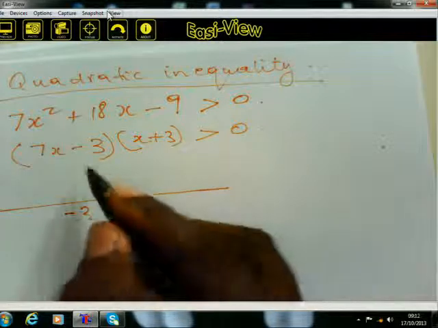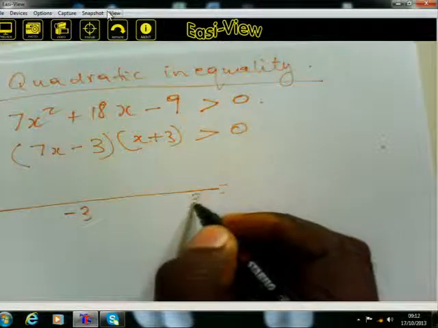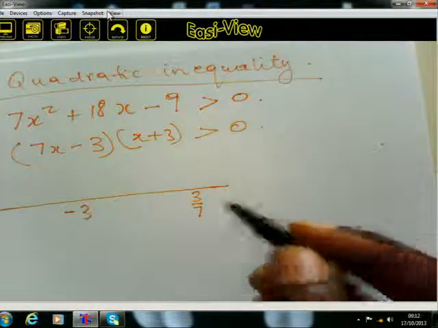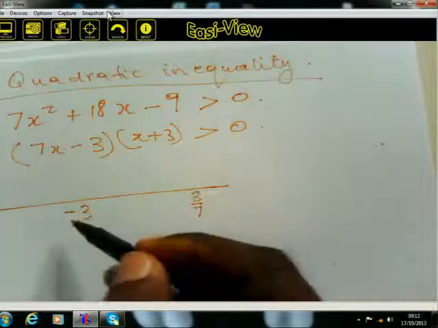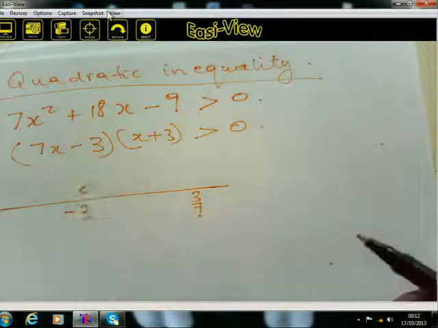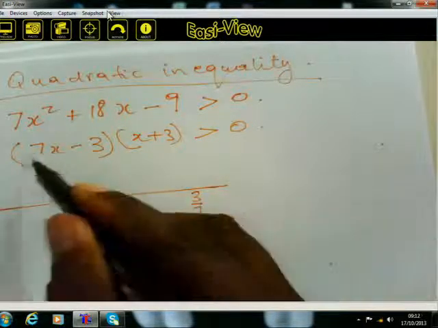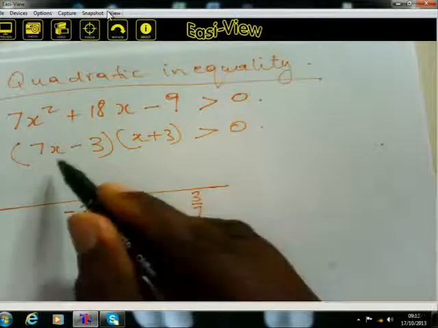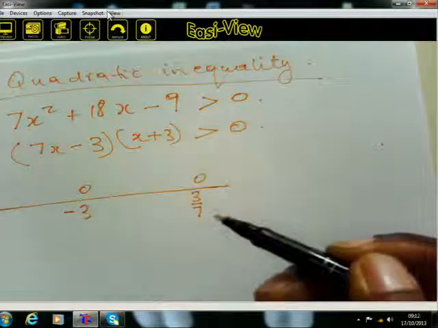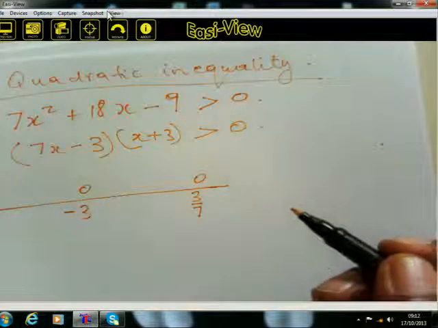And for another equality, I'm going to have 3 over 7. Now, if I have x to be minus 3, then this is going to be a 0. And if I have x again to be 3 over 7 here, then I'm going to have a 0.